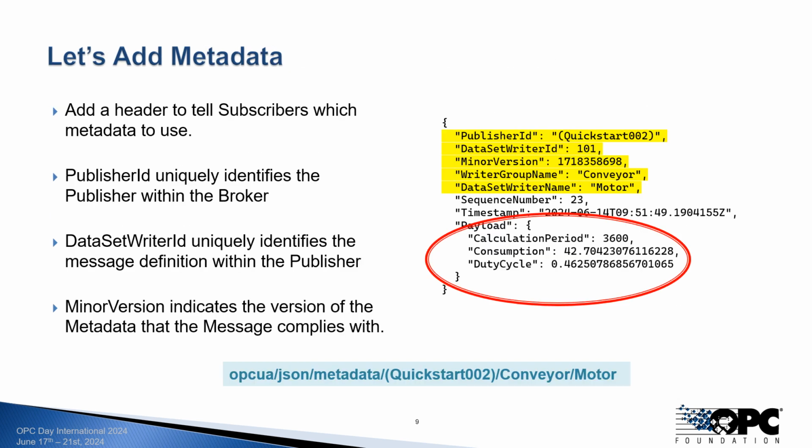Now, with OPC UA PubSub, an important design decision is that the metadata is sent in a separate channel from the data. So you don't mix the metadata with the data. What it means is that your actual data is as small as possible. And if you're using delta frames, each message will only contain the values that have changed from the previous message.